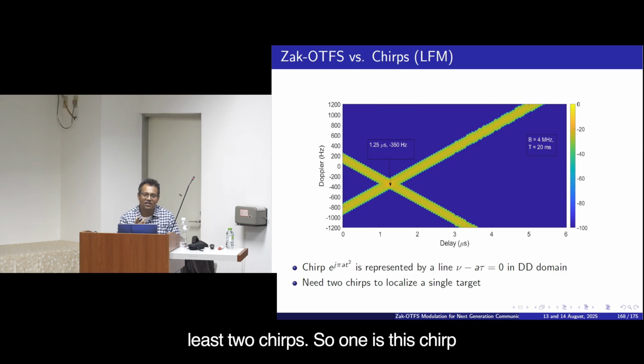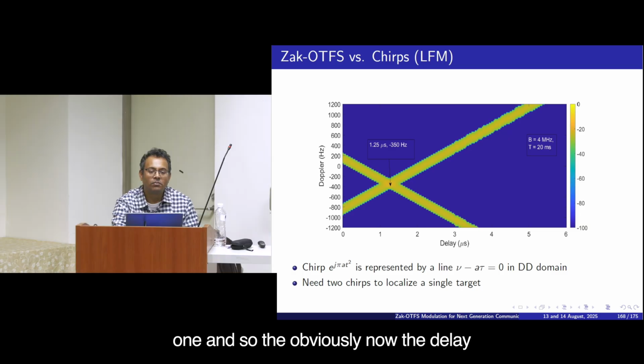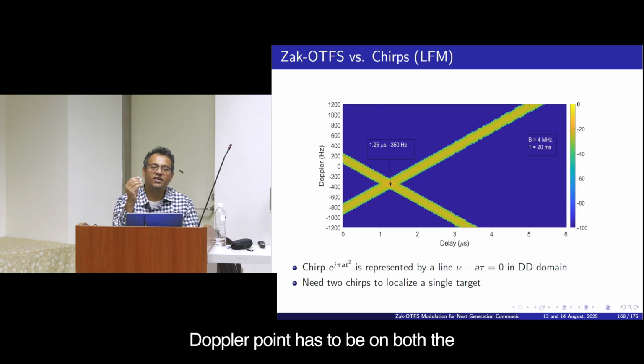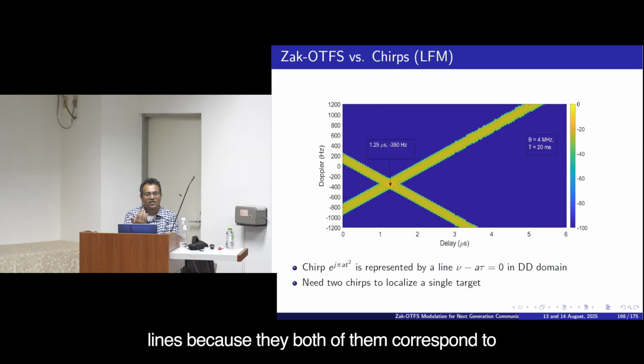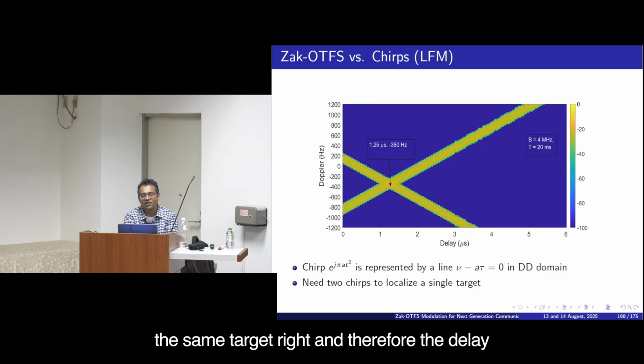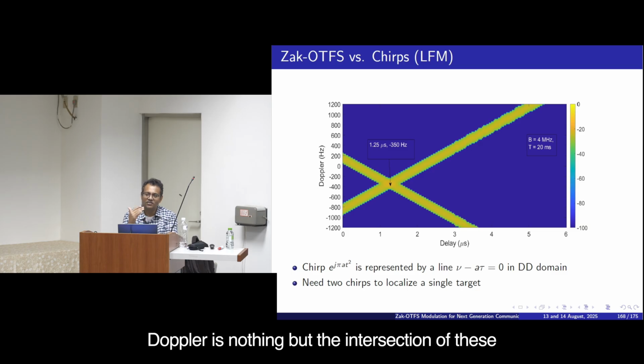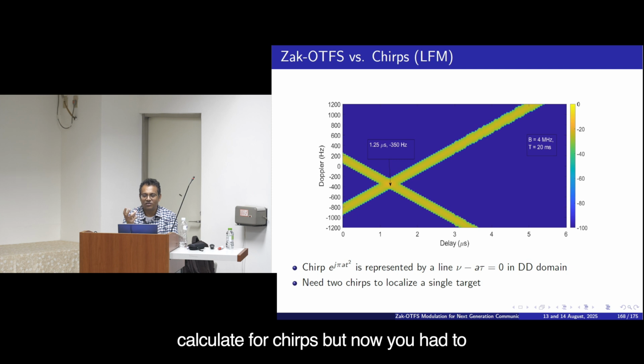You need at least two chirps. One is this chirp with an up slope a, another one is with a negative slope a, which is this one. And so obviously now the delay Doppler point has to be on both the lines, because both of them correspond to the same target, and therefore the delay Doppler is nothing but the intersection of these two lines. So that's how you calculate for chirps.